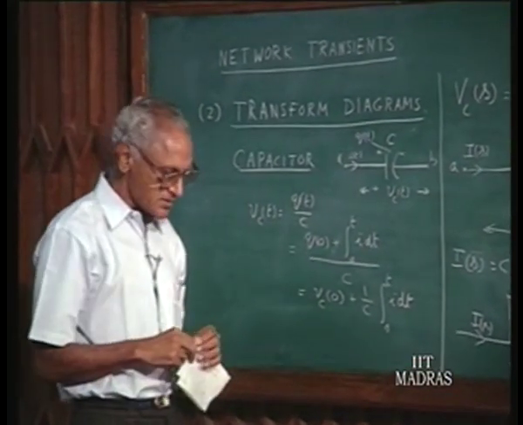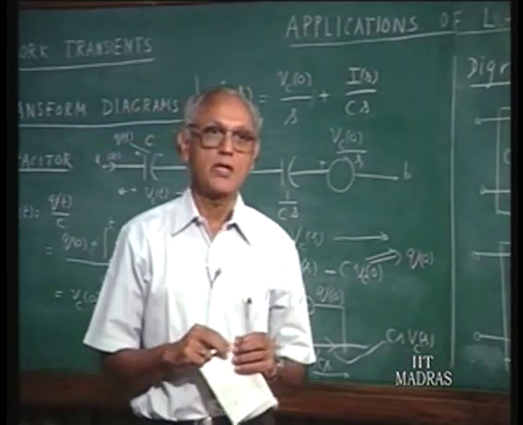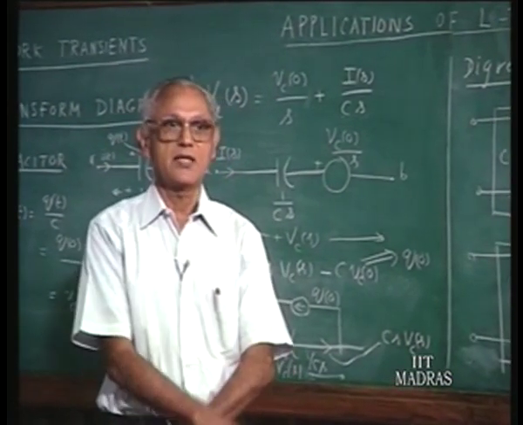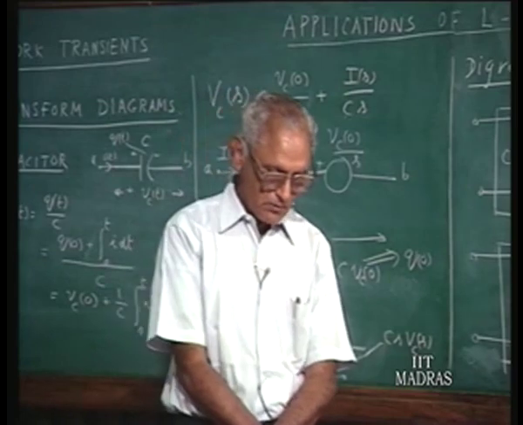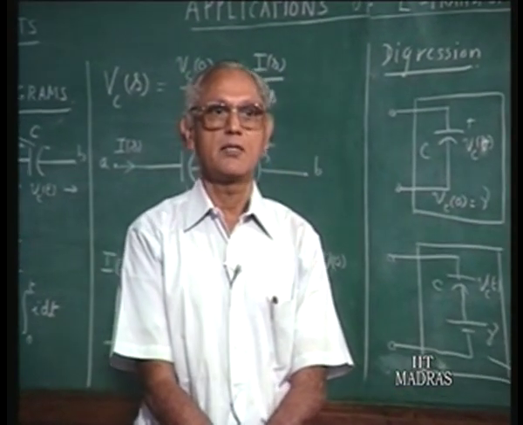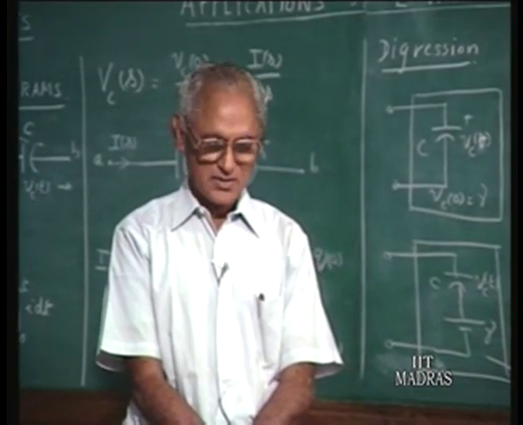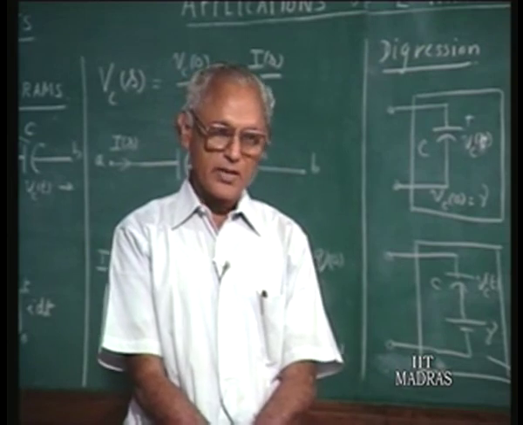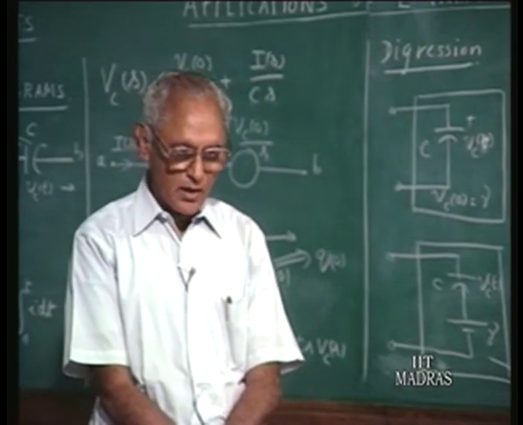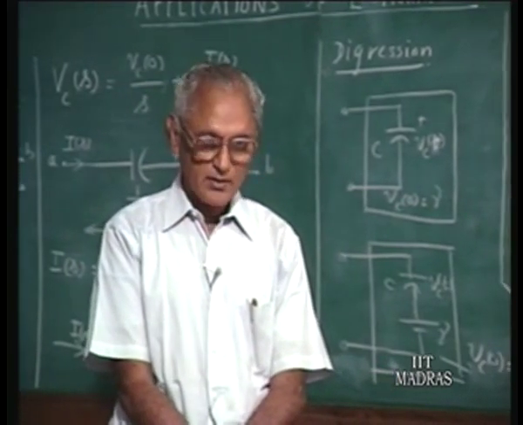These generalized impedances are, after all, extensions of the impedances that we have in the AC circuit analysis. We know that in the AC circuits, 1 over j omega C is the impedance of a capacitor, j omega L is the impedance of an inductor. Here, instead of j omega, we have s. In the AC circuits, we are thinking of an excitation function which is e power j omega t.